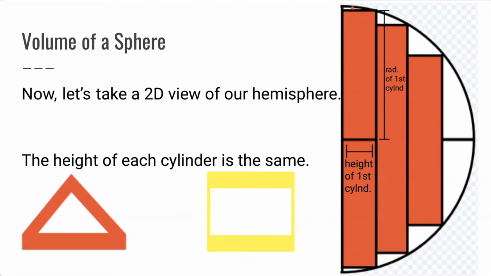The sphere in 2D would appear as just a circle, and each of the cylinders would appear as rectangles. This length right over here is the radius of the first cylinder, and this is the height of the first cylinder. This is called the disk method for evaluating volume, where you have this x-axis right over here.